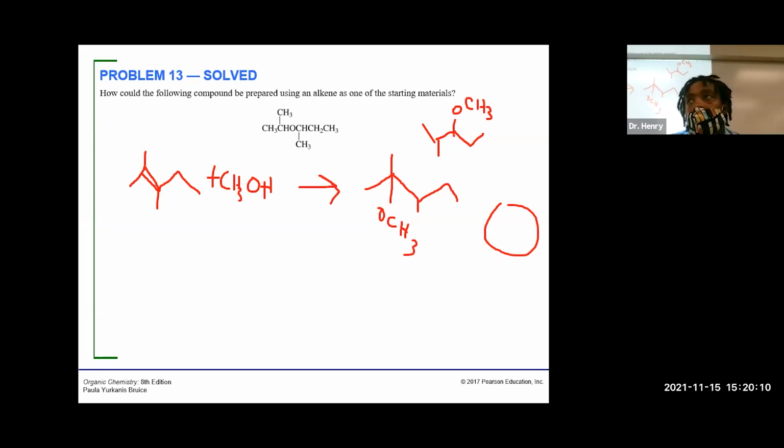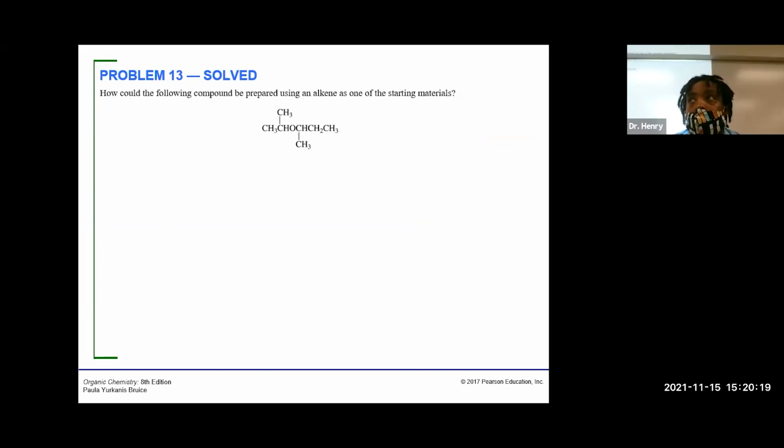Okay, pentene. So you're saying which pentene though? Because can it just be pentene? So that's 1, 2, 3. Is it 1, 2, 3, 4, 5? Where would the double bond be? Okay, so 1, 2. So right here.